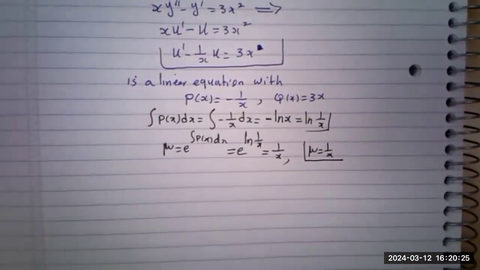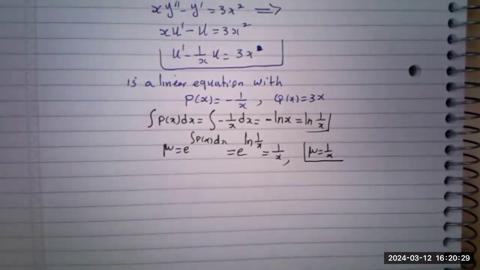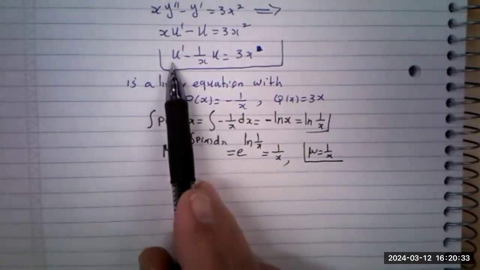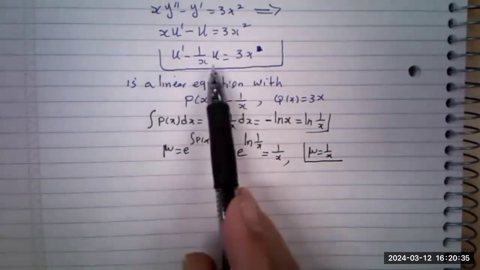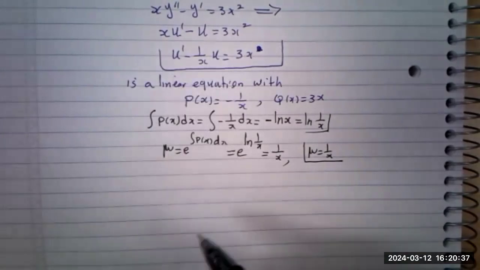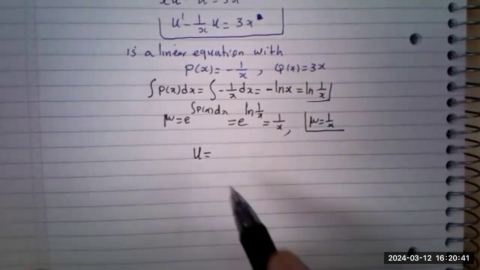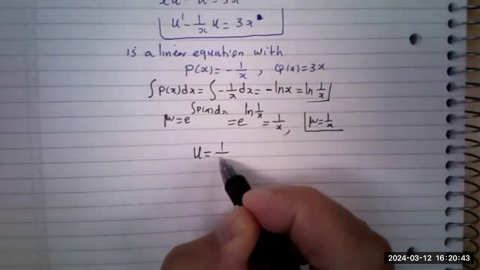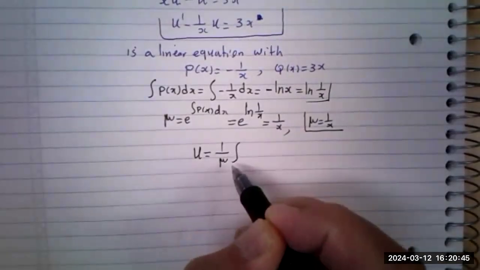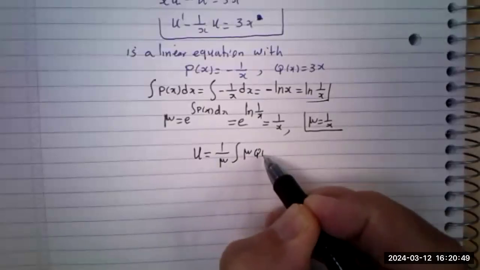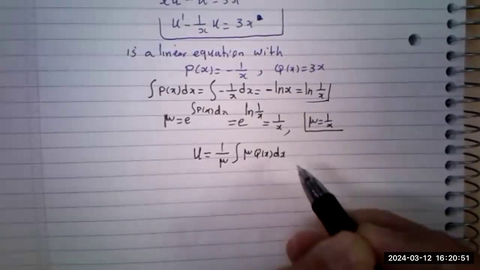Now remember, the solution of the linear equation was y equal to 1 over mu times the integral of mu q of x dx. But your y is u here, because it's linear with respect to u. So u equals 1 over mu times the integral of mu times q of x dx.